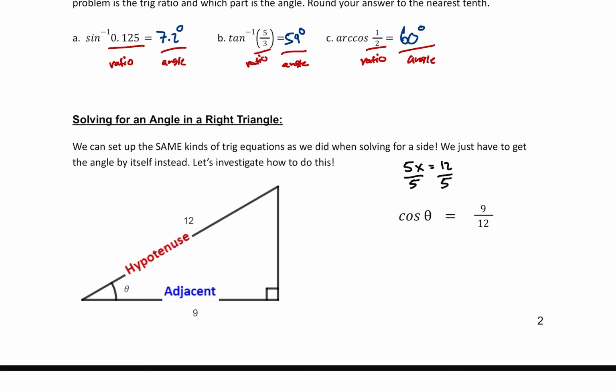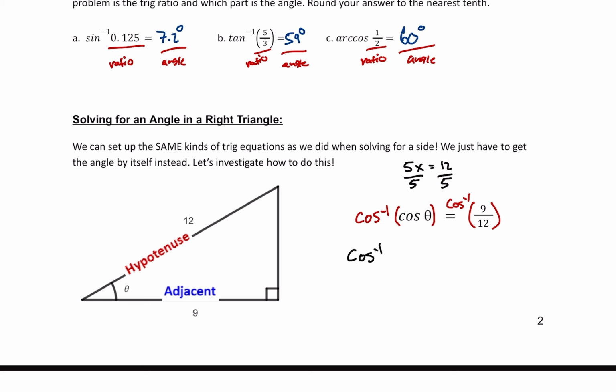So what this looks like is I'm going to wrap everything on the left hand of my equation in parentheses, and I'm going to have the inverse cosine go around that. And remember, what I do to the left side, I also have to do to the right side. So everything's going to get wrapped on the right side, and I'll also have the inverse cosine over here.